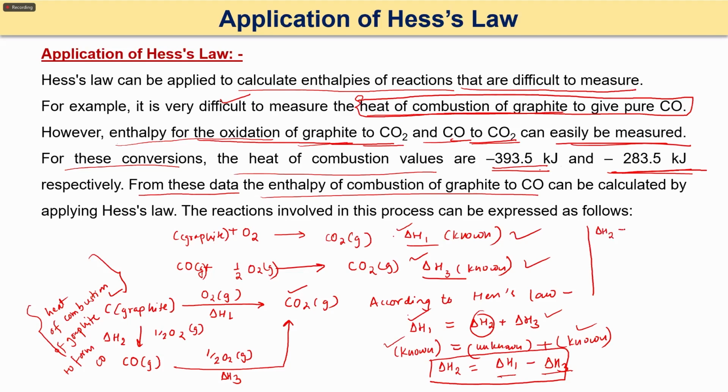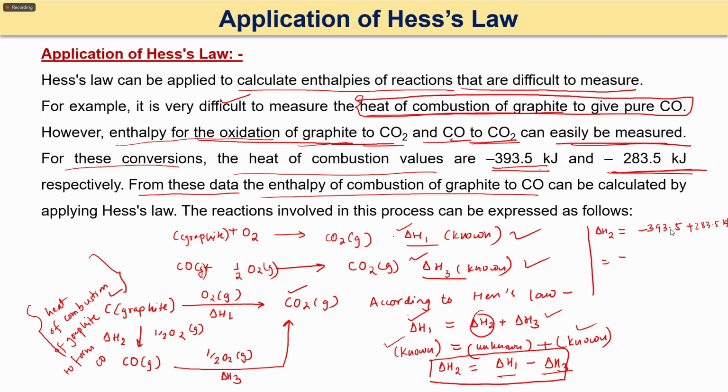your delta H2 will become: delta H1 is carbon to carbon dioxide, which is minus 393.5 kilojoules, and minus delta H3. Delta H3 is carbon monoxide to carbon dioxide, which is minus 283.5, and this minus will become plus. So it will become plus 283.5 kilojoules.